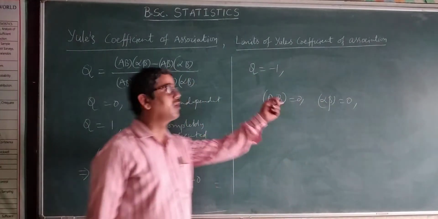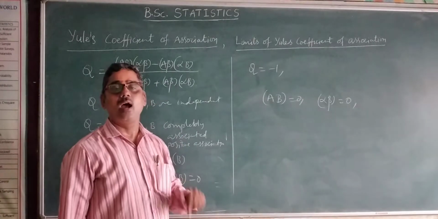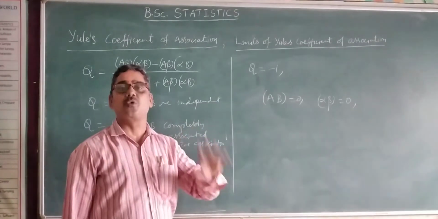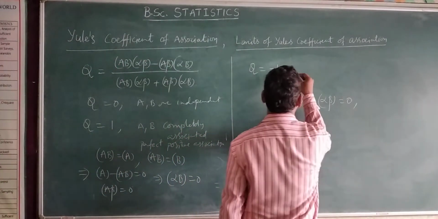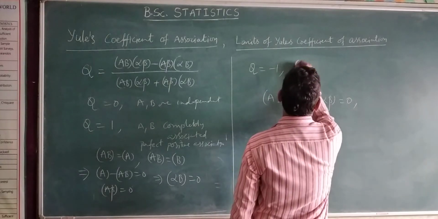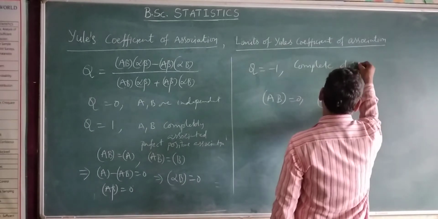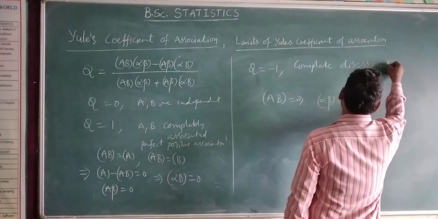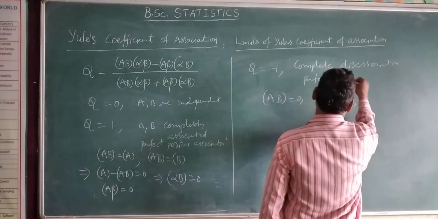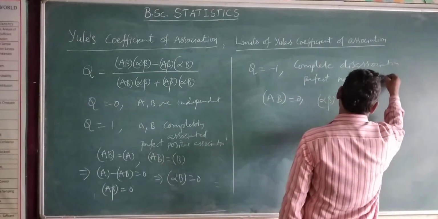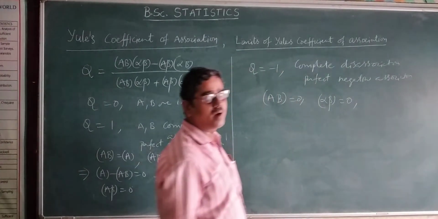This is the case of complete disassociation or perfect negative association for attributes. In this case Q is equal to minus 1. So these are the conclusions for Q equal to minus 1.